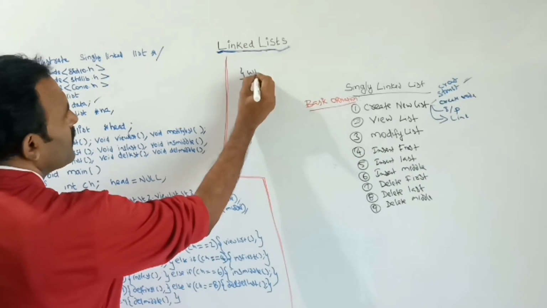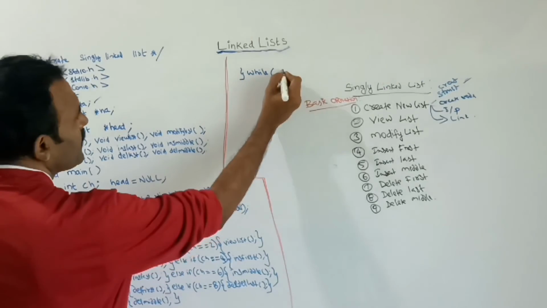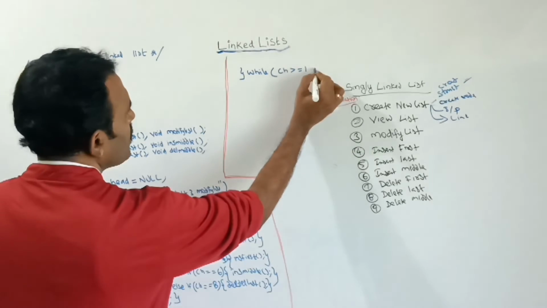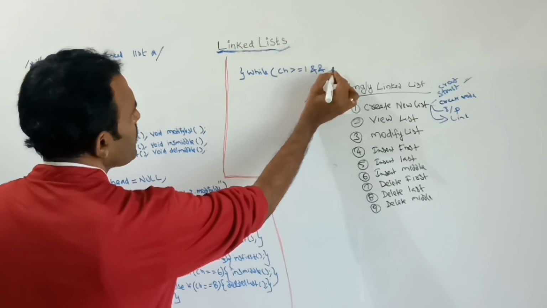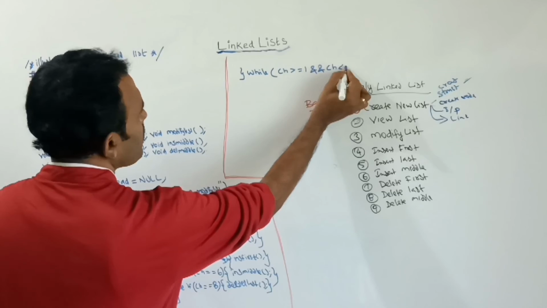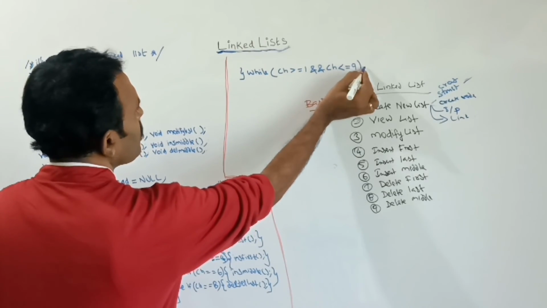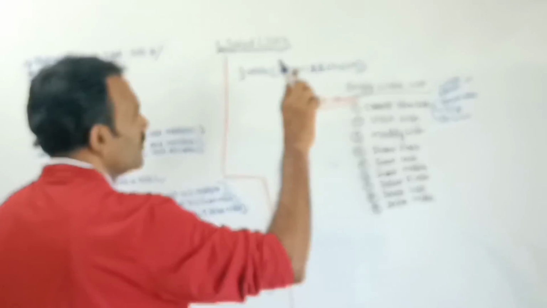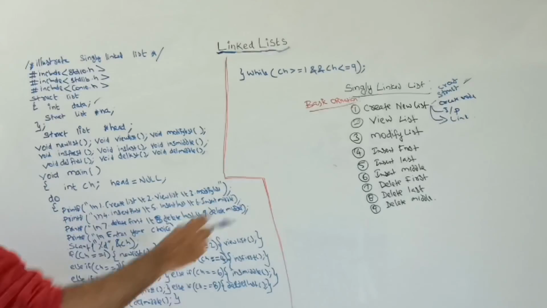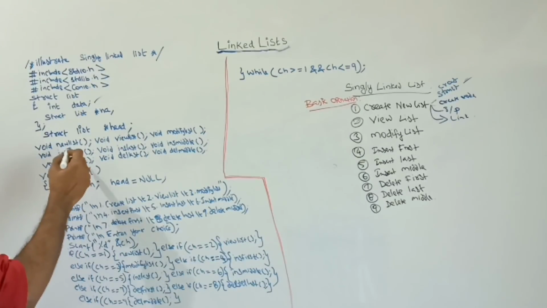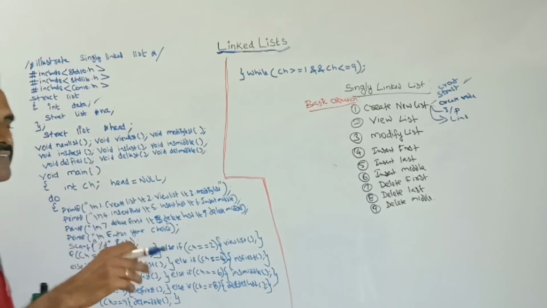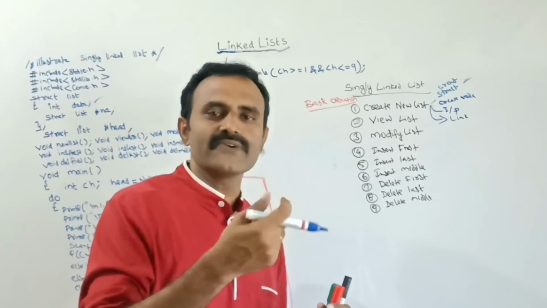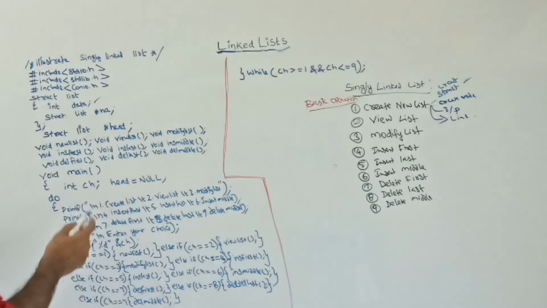After do, in the while I give the condition that if the ch value is greater than or equal to 1 and the ch value is lesser than or equal to 9, then the loop inside will be executed, because totally I have 9 basic operations. For each operation I have created a function, and whenever we need it, we can call that function from the main function and execute it. So totally 9 functions.